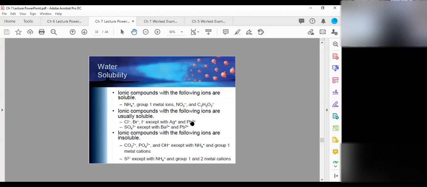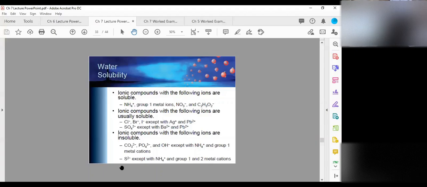That's the exception. Sulfates, they're always soluble, except if they come with barium and lead. Ionic compounds with carbonate and phosphate and hydroxide are always insoluble, except if there is ammonium or group 1 with them. Sulfides are always insoluble, except if there is ammonium or group 1 or group 2 cations in those chemical formulas.